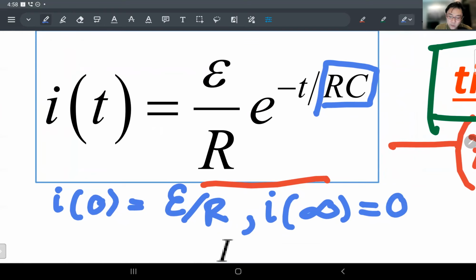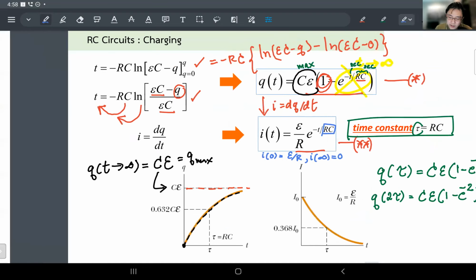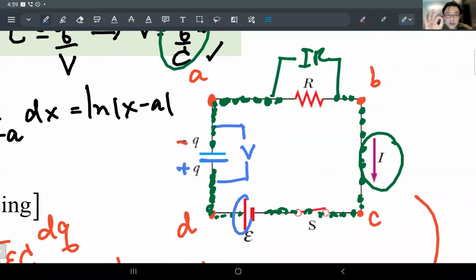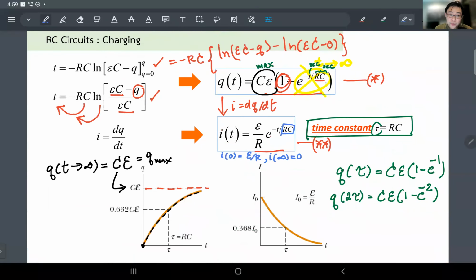So now let's recap what is happening in this circuit. Come back here one more time. You start at 0 charge. You close the switch, bam. The charge starts to build up inside your capacitor, right? This equation shows you that it starts to build up from 0 right here, and it's going to get bigger and bigger.